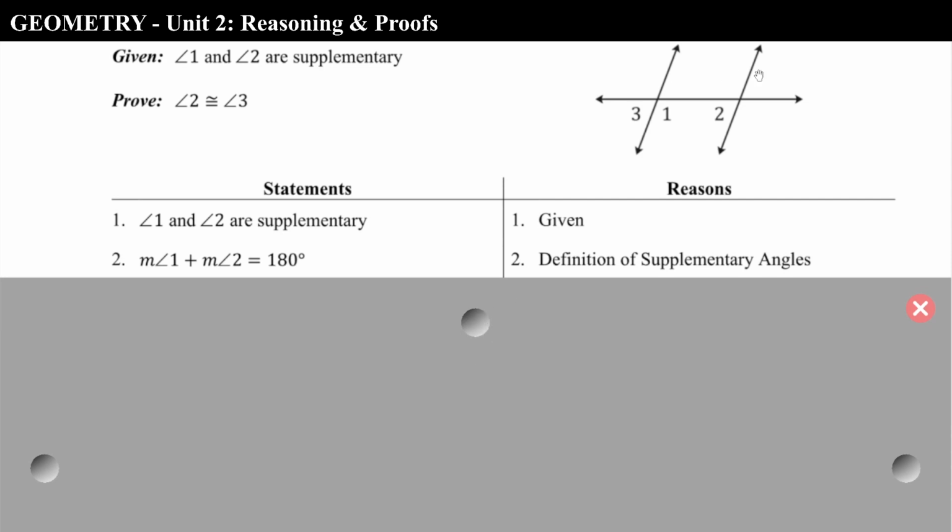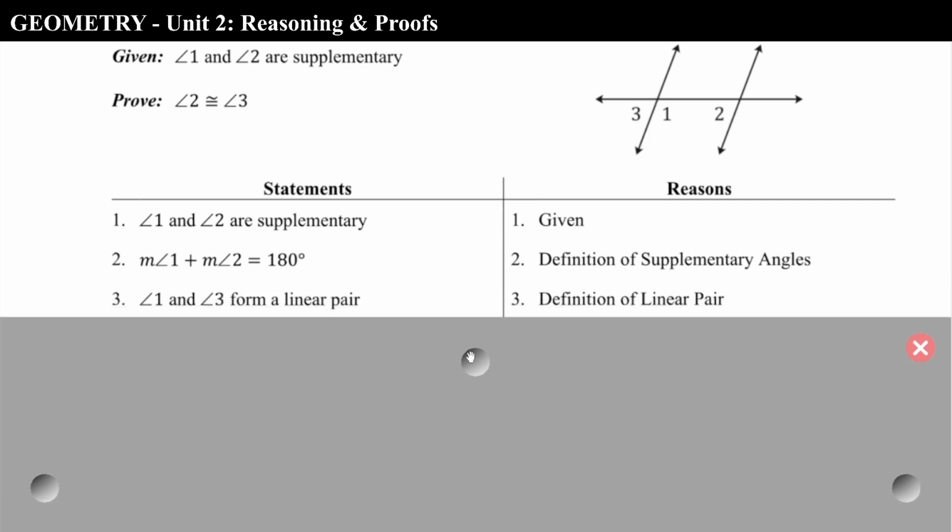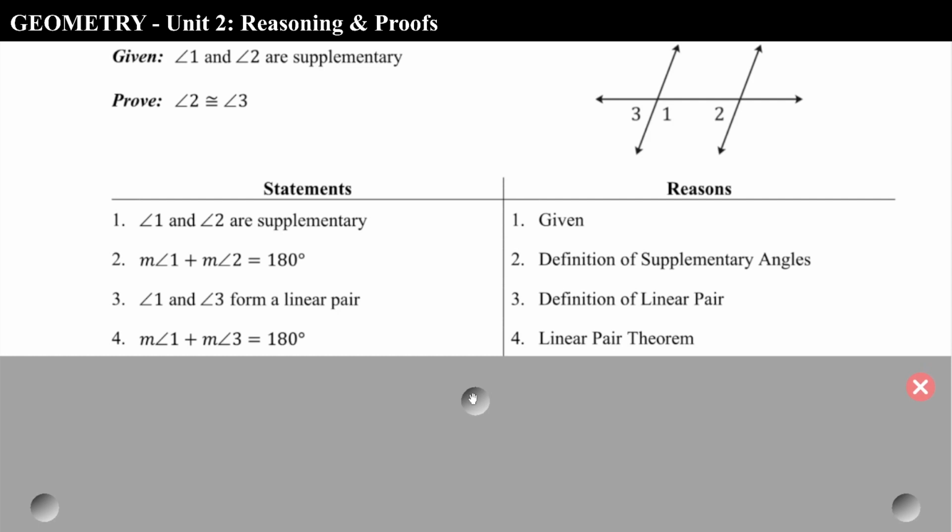Now we're going to go to our figure. Well, we know that 1 and 3 form a linear pair, so we're going to put that as our next step from the definition of linear pair. And since 1 and 3 form a linear pair, then the two have to add together to give us 180 from the linear pair theorem. Remember, we have to give a reason for everything that we write in the statements column.